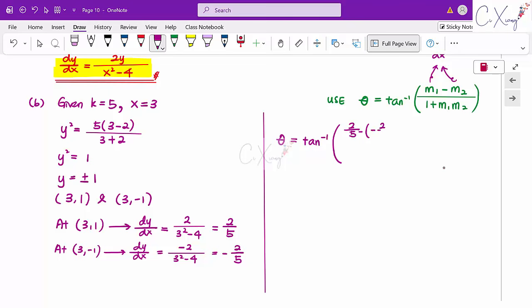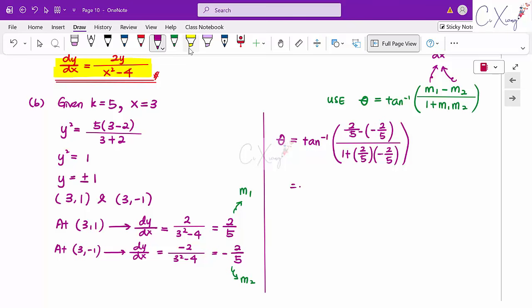So m1 minus m2. That means in this case, I'm treating this as m1, then I treat this as m2. Okay, I try to avoid the negative inside the tangent inverse so that it is easier for us to simplify it. Okay, right, so I'm having m1 minus m2 divided by 1 plus m1 m2.